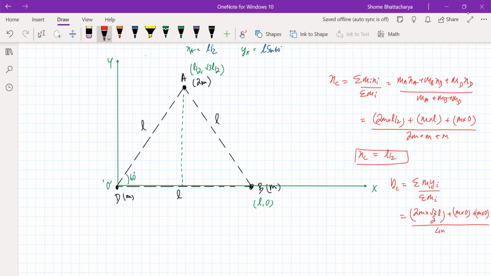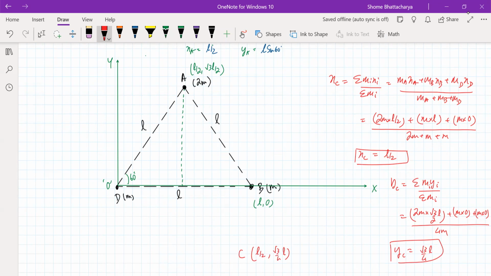But divided by the total mass, which is 4m. So how much does this become now? It becomes root 3 by 4 L. So the center of mass is located at the position L by 2, comma root 3 by 4 L.